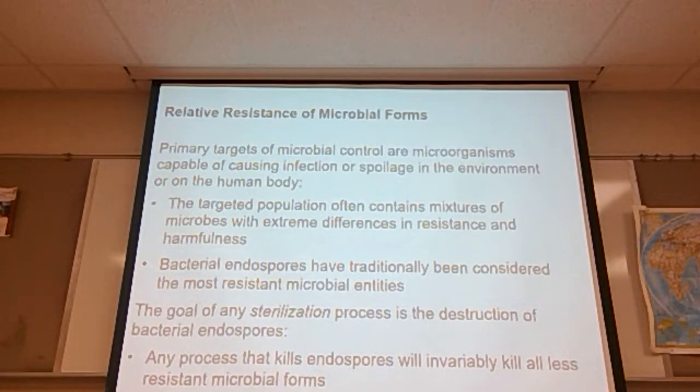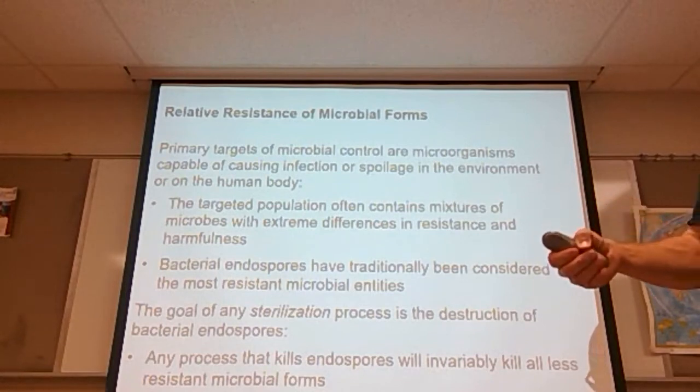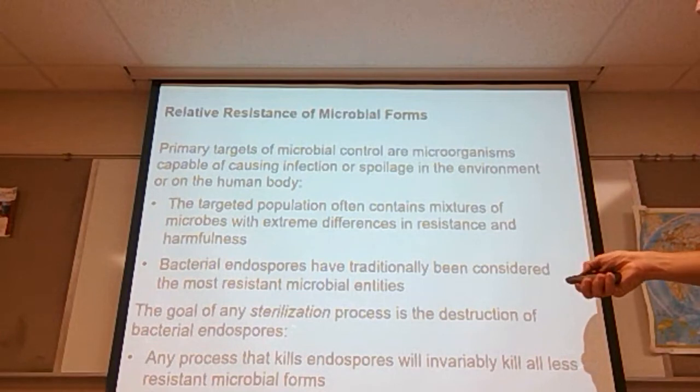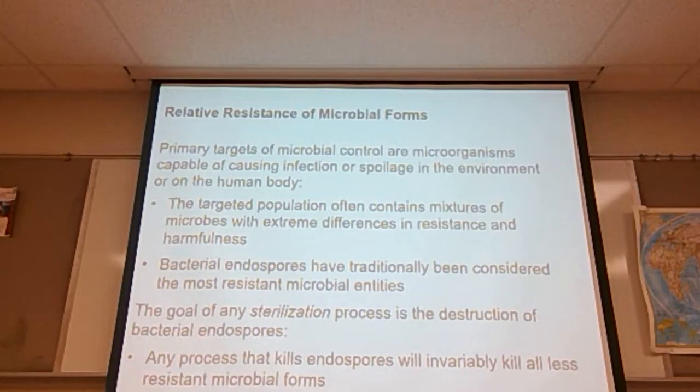The goal of any sterilization process is the destruction of bacterial endospores. Keep in mind, those disinfection and antiseptic things probably are not getting rid of bacterial endospores. They are getting rid of the actively growing bacteria. But with sterilization, we are getting rid of the endospores.